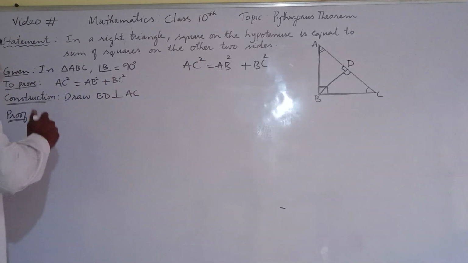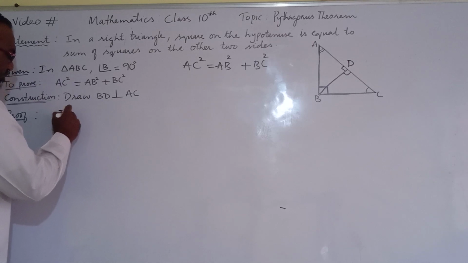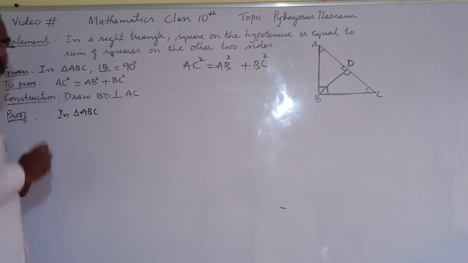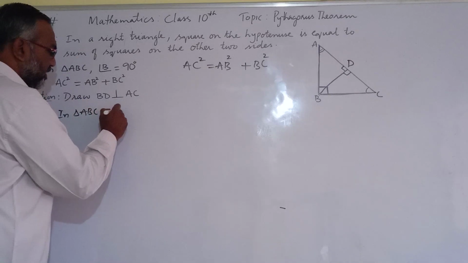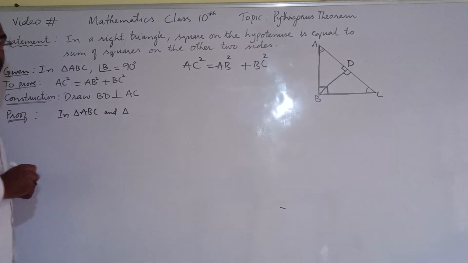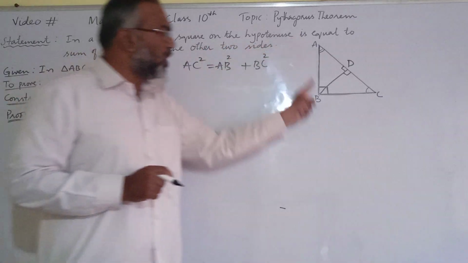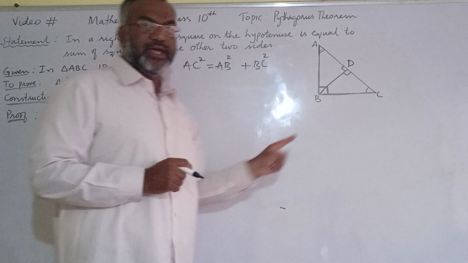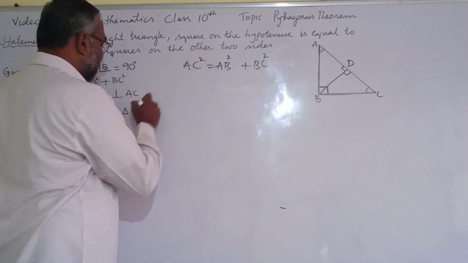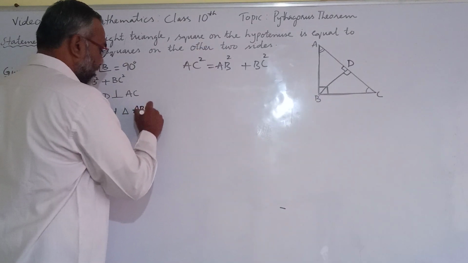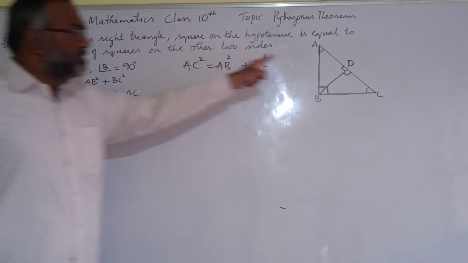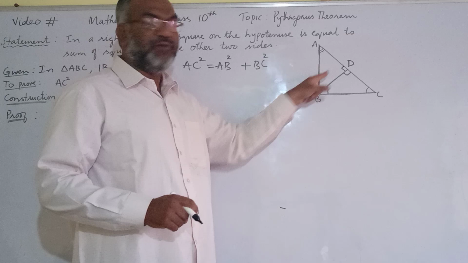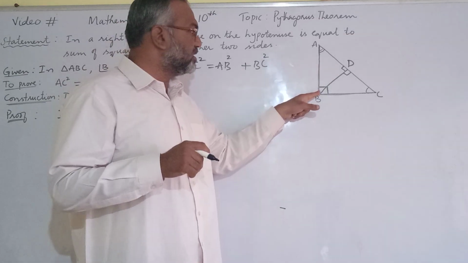Now let's prove. For proving, we take the big triangle, the original triangle, actual triangle ABC, and triangle ABD. ABD is the newly formed triangle after drawing the perpendicular.